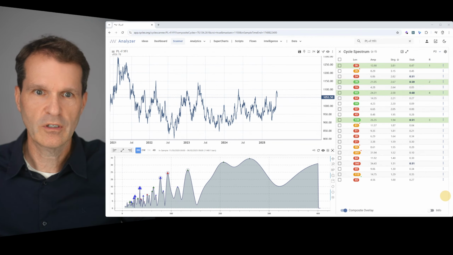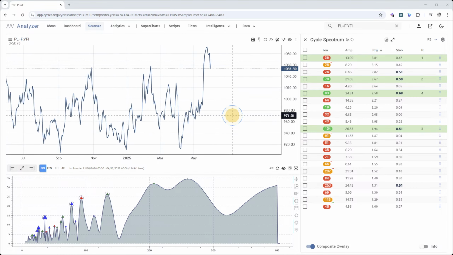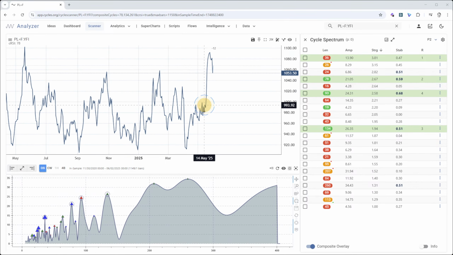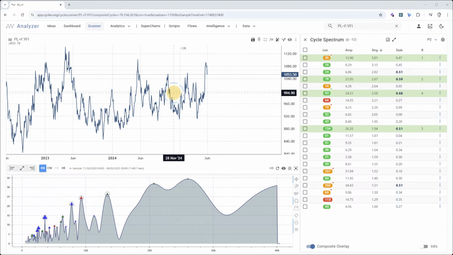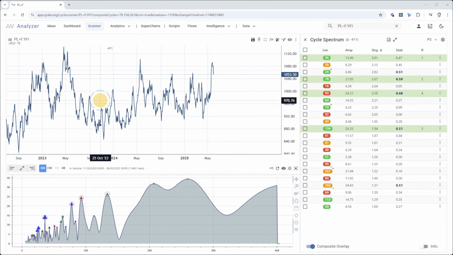In our cycle analyzer chart, I have grabbed... So I'm really struggling here.